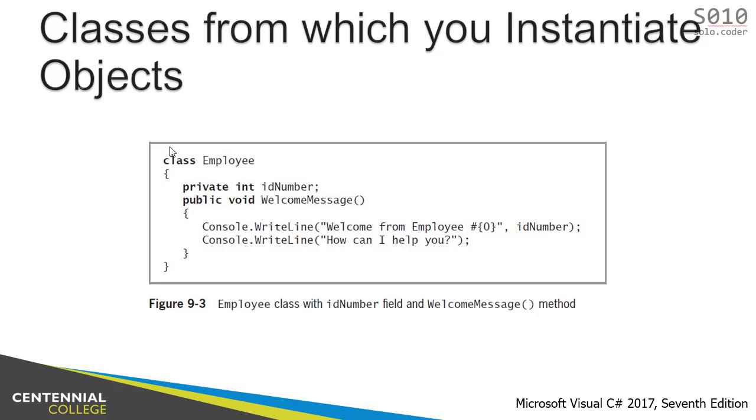We have public, we have private, we have protected as well. It's another type. For classes, we also have something called internal. So those are access modifiers, and we're going to be looking at them as we go along.